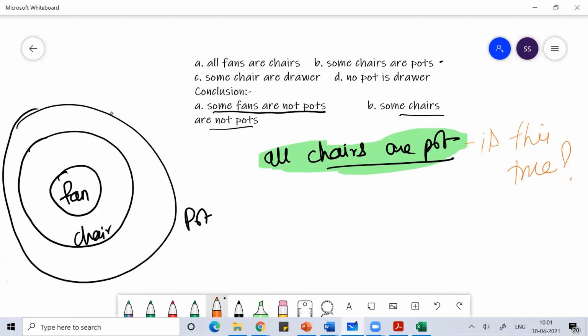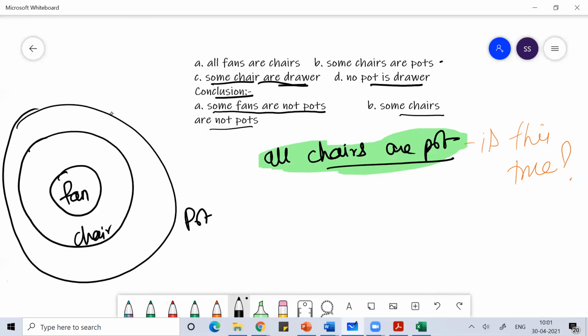Here, all chairs are pot, some chairs are not pot. So is this true or not? Some chairs are pot. You can see that some chairs are drawer. Now see my diagram: some chairs are drawer and no pot is a drawer.